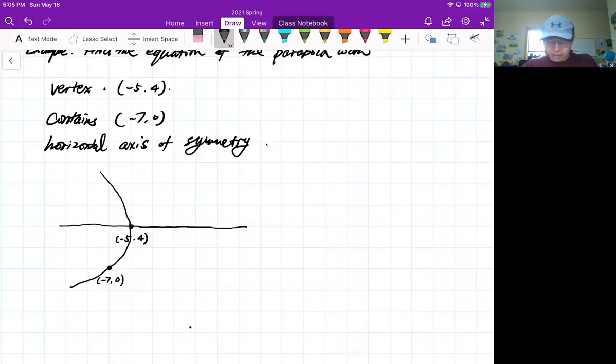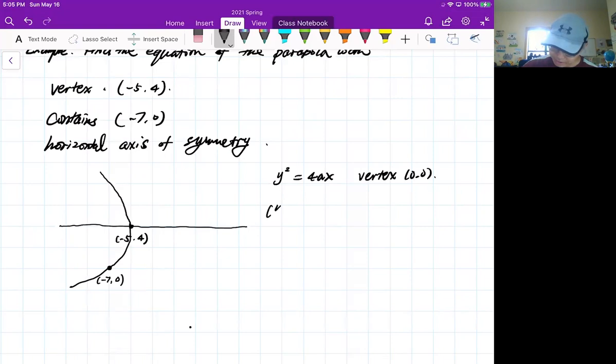So the parabola should have the following equation. What is that equation? It's y squared equals 4ax if the vertex is at the origin. But now the vertex is at (-5, 4).